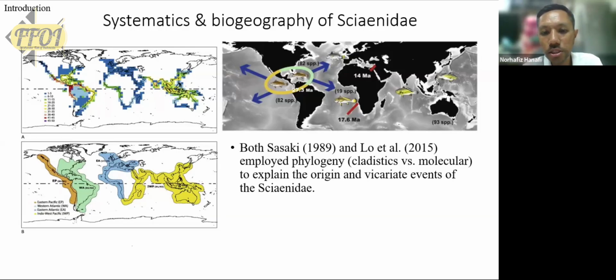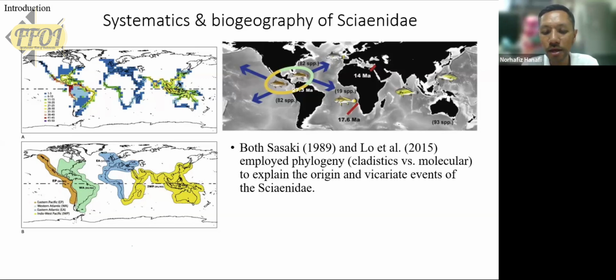So you can see Sasaki and Lo tried to improve on the old-style cladistics with the molecular approach, trying to explain the origin and vicariant events. This is an interesting study because after we validate and confirm the species, we know that every diversified species came from a different origin.